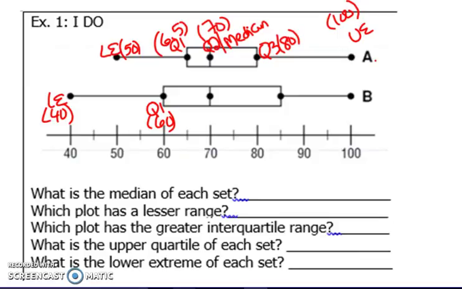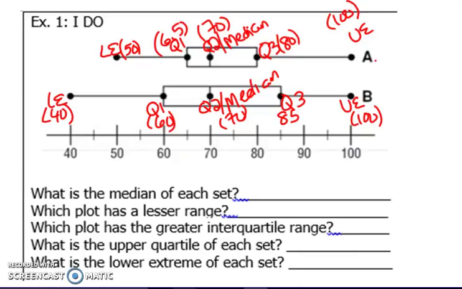My median, the line in the middle of the box, or my Q2, is at 70. My Q3 is at 85. And B, which is my upper extreme, is at 100. And those are the important points to know. We want to know our quartiles, we want to know our median, we want to know our extremes.